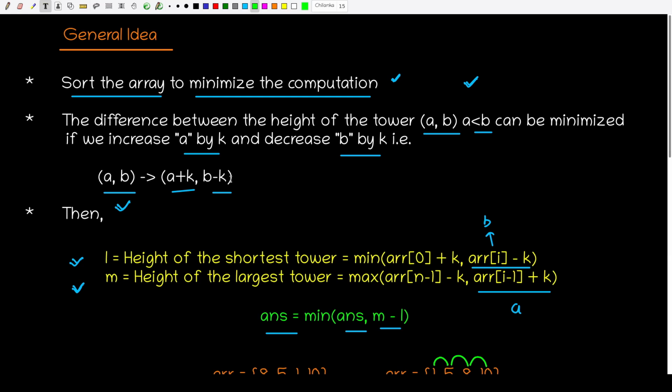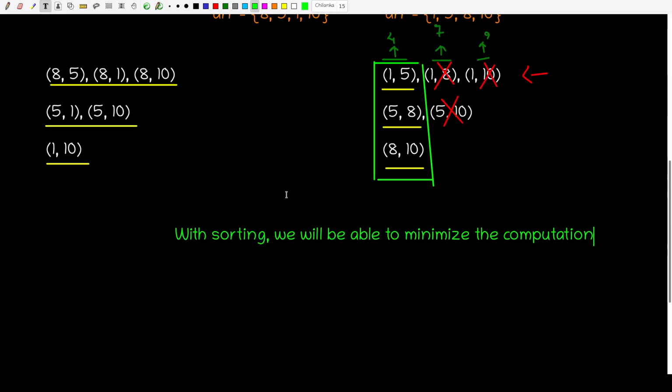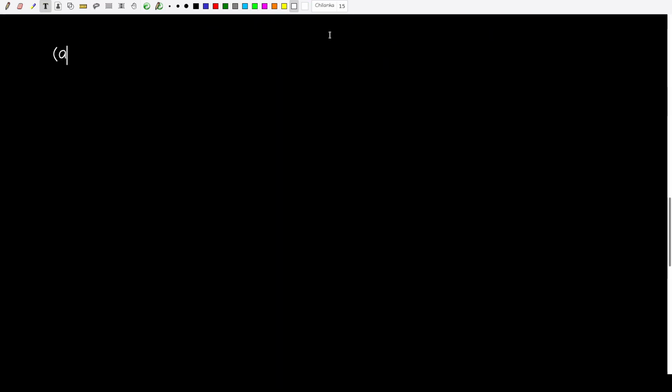Now let us discuss why a comma b has to be transformed to a plus k comma b minus k. To discuss that, let us take that we are investigating a pair a comma b. With a and b we have two options: either increase a by k or decrease a by k. Similarly, increase b by k or decrease b by k. Let us investigate all these four combinations.